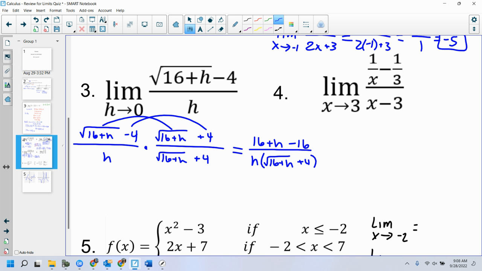And you may already be able to see it. The 16s will cancel, and then the h's will cancel, won't they? The 16s cancel to get just an h in the numerator, and then the h cancels. So we get 1 over radical 16 plus h plus 4.